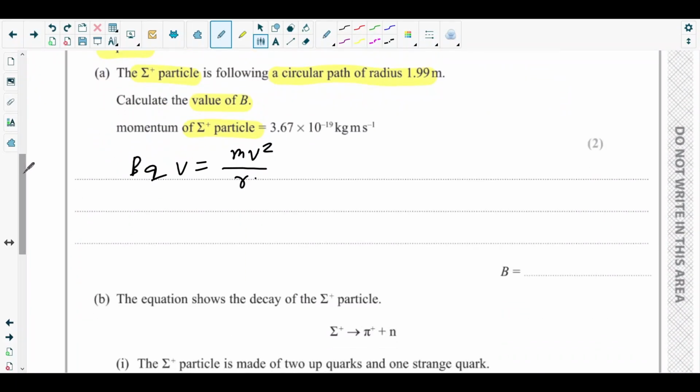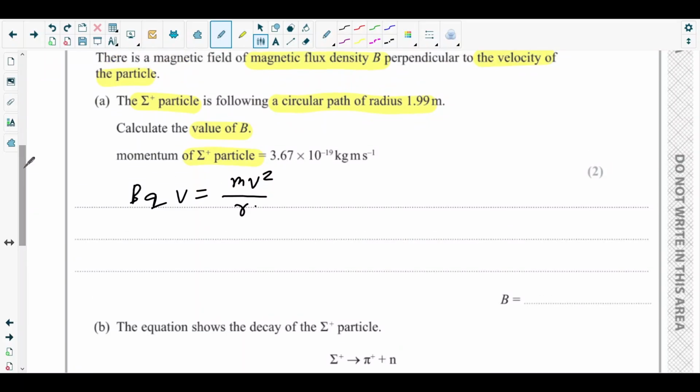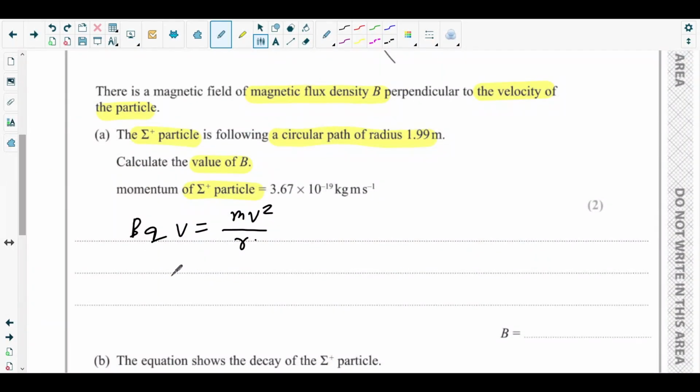That's the equation for a particle moving in a bubble chamber. So v cancels out, so you will have BQ equals mv over r.